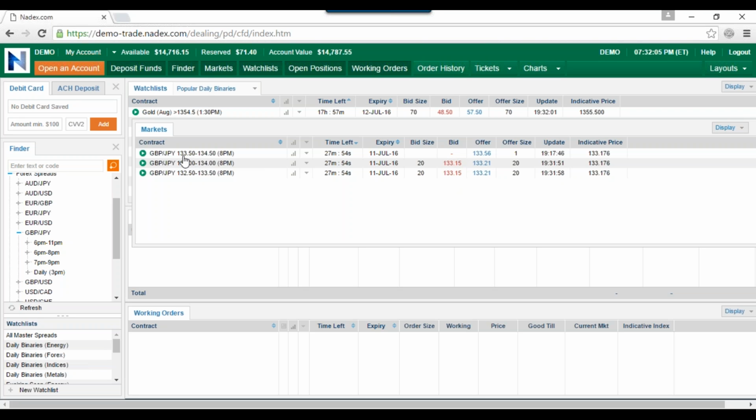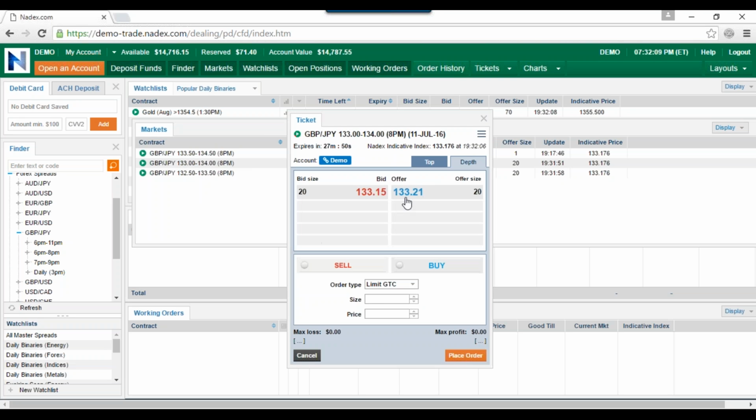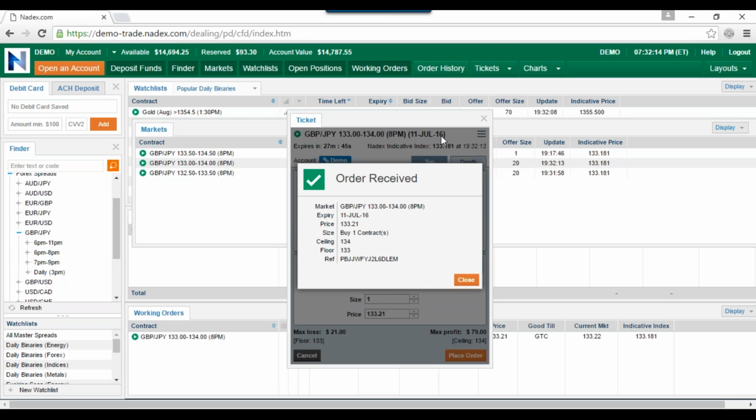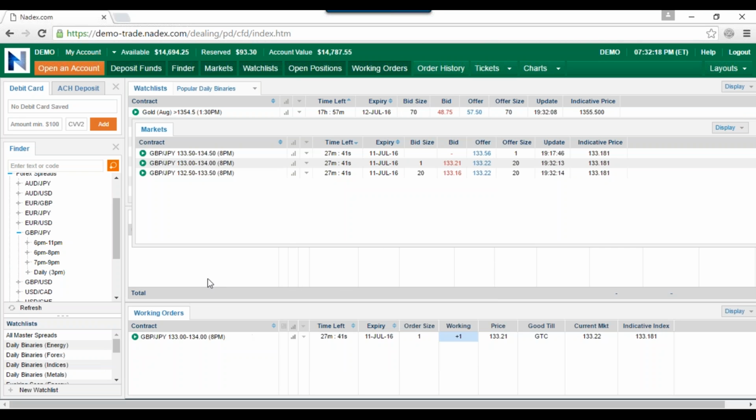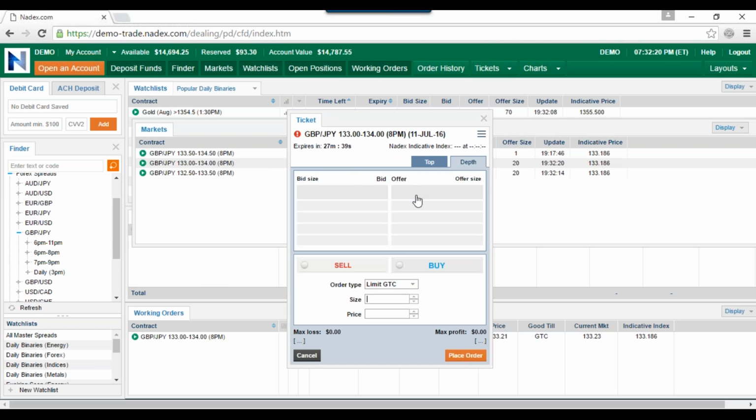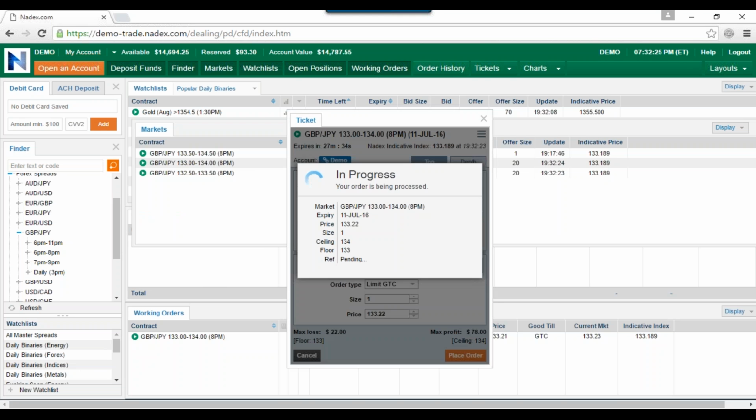Some people say, well, what do you mean? How do you do that? What do you mean get out early? Well, it's very simple. Let's say I went in and I had bought this particular spread. Let's see here. So let's say I bought this spread right there.